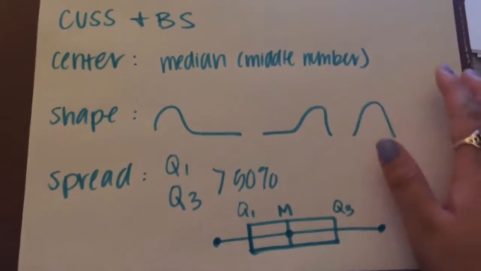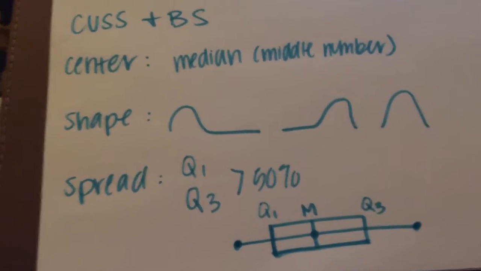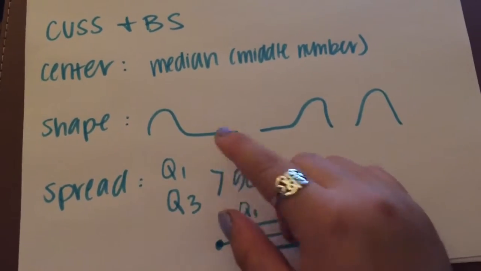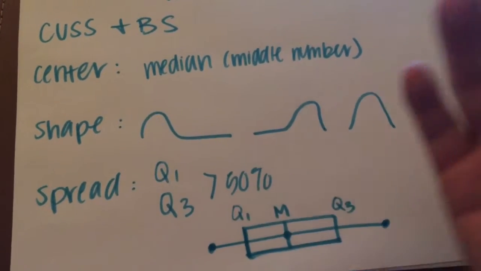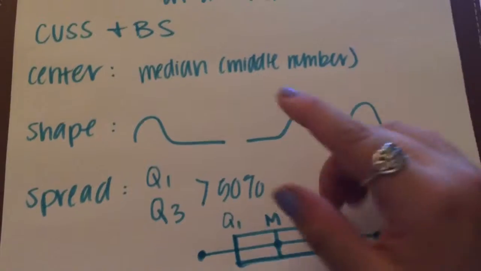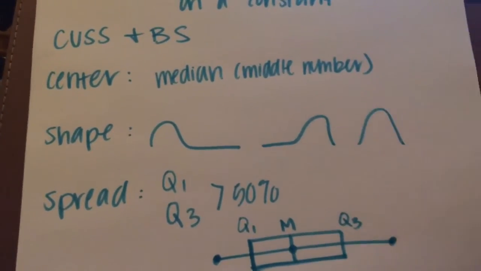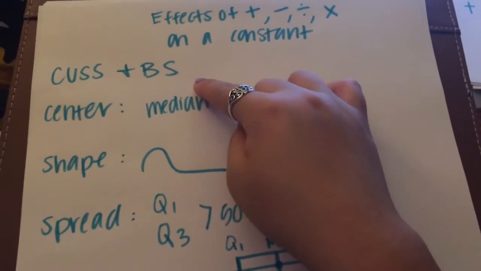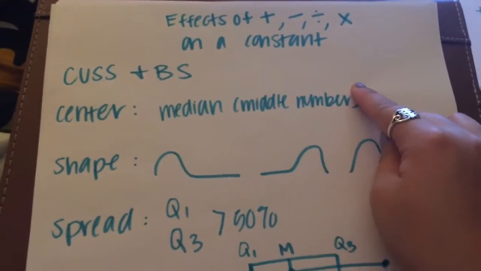So the spread is the Q1 and the Q3, or the interquartile range, IQR, which is exactly 50% of the data. And so you need to know all of this in order to understand the effects of the constant.